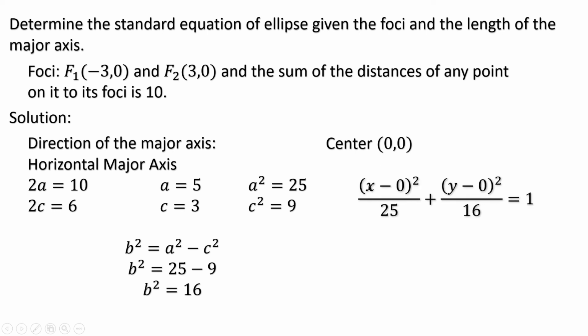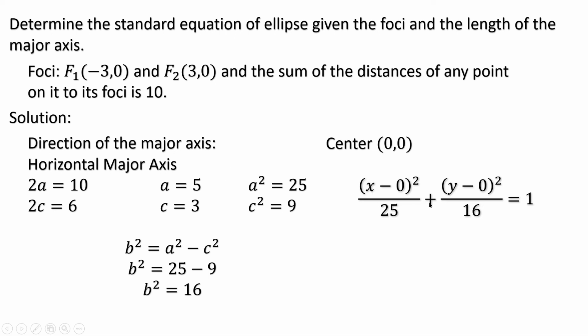Therefore, using the standard formula, we have x minus 0, our h, over a squared, so a squared for horizontal major axis.